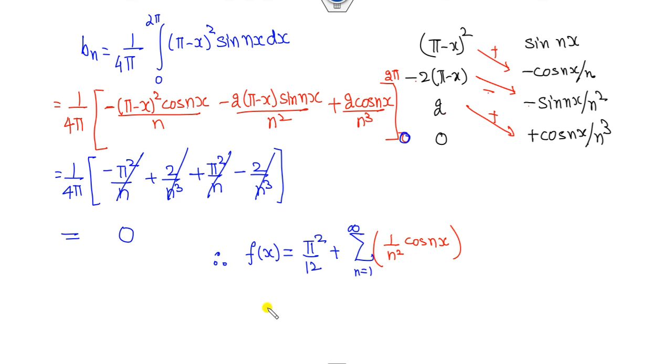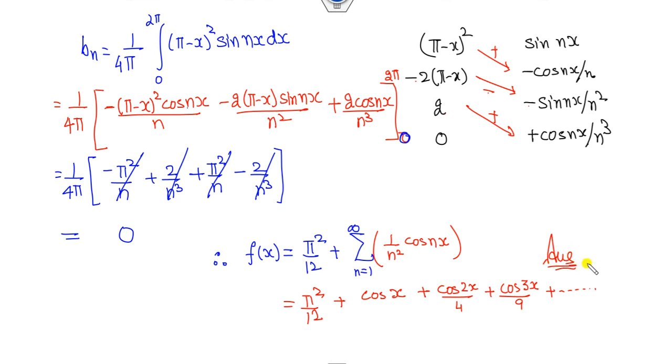So this is my Fourier series, or you can write this as: when n is 1, it is cos x. When n is equal to 2, it is cos 2x over 4. When n is 3, it is cos 3x over 9, and so on, which is the required Fourier series of this function.